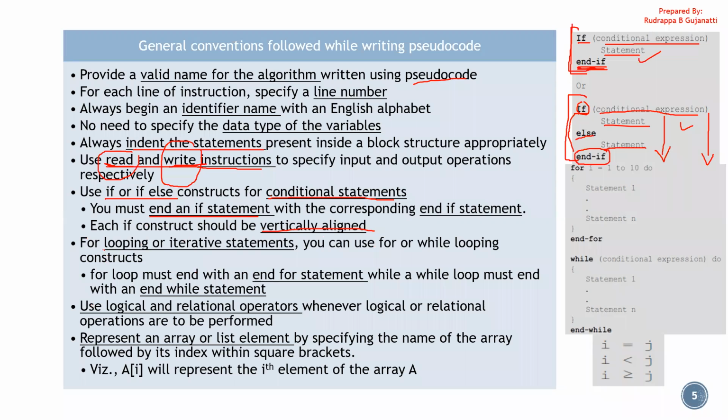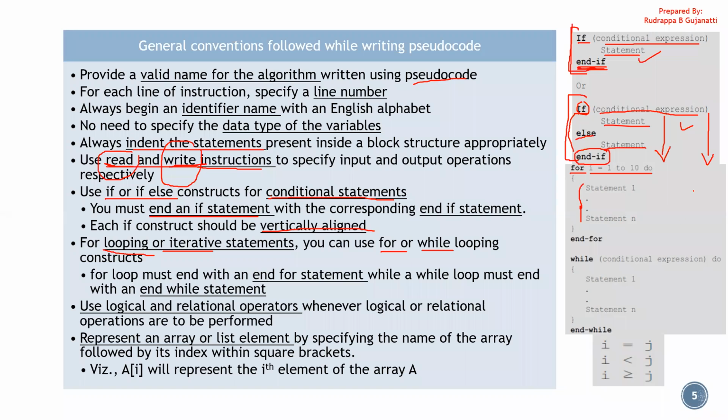Then if you have looping constructs or the iterative constructs, for those cases you can use the for or the while looping constructs. So you are using for and while as keywords in the pseudocode. You can see here, for I in the range of 1 to 10, you have to execute these statements.